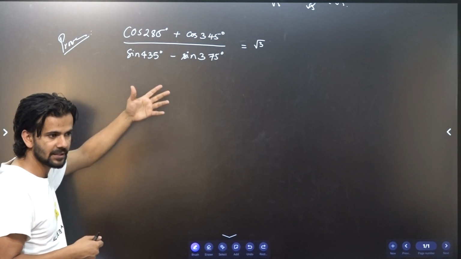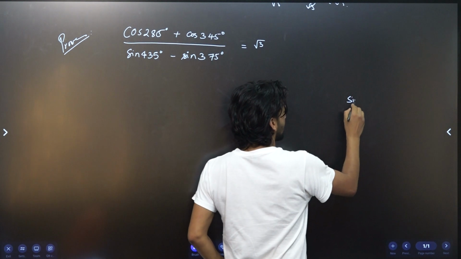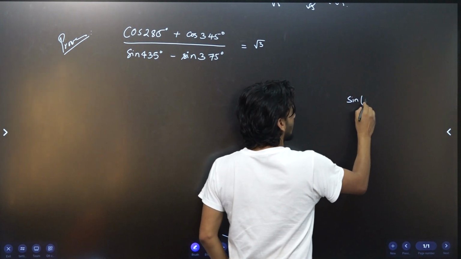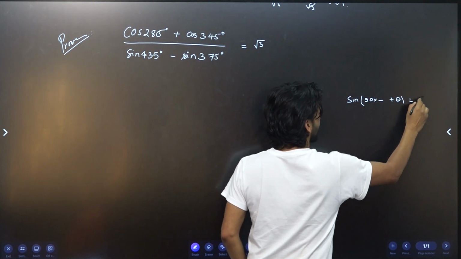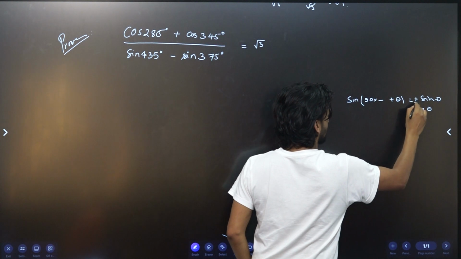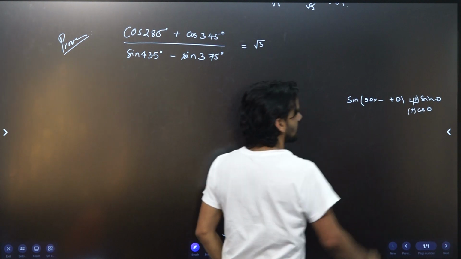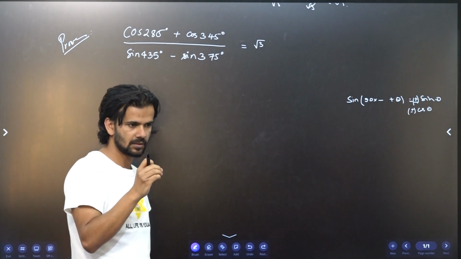We can simplify it using the property of sin(90 times something plus theta), which you can write as either sine theta or cos theta, with a plus or minus sign. You can decrease the value, isn't it?